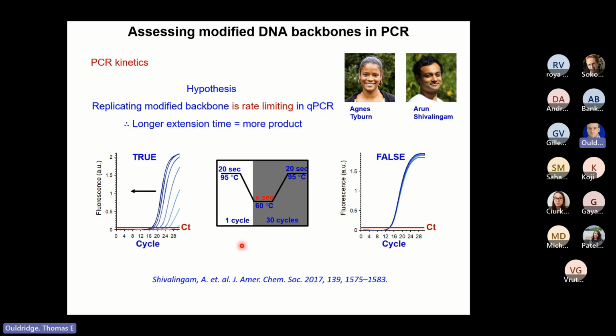The theory is this: if the triazole is read through quickly, there should be no delay in making the product, and that would give you a clean read-through. But if the triazole is slowing down the polymerase or causing it to pause, we should be able to measure that pause by looking at the CT value in PCR.